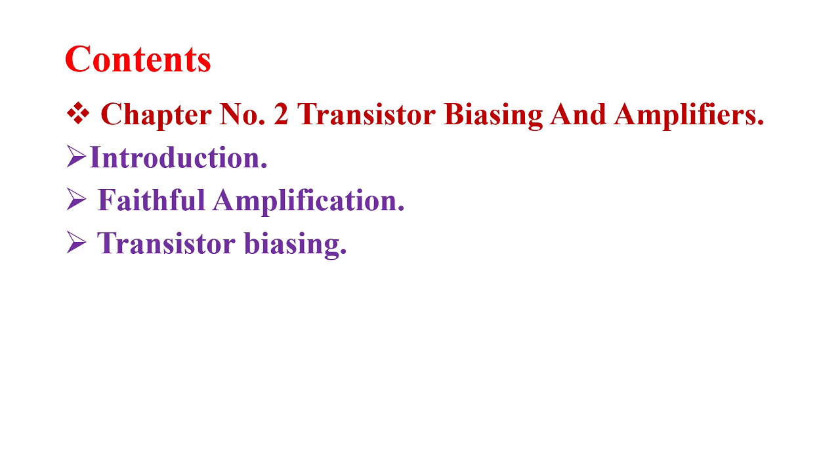Now, in the previous chapter, we studied about the bipolar junction transistor. Before the 1947 invention of the transistor, the electron tube was the basis of virtually all electronic devices.